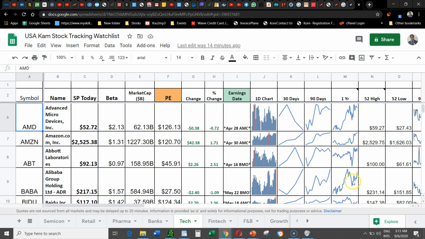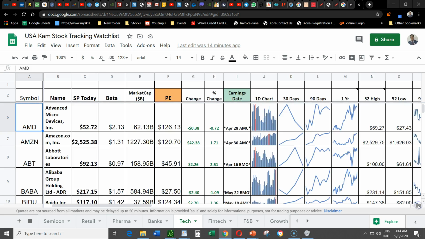It had a fall and then it's on its way up. In the last 90 days it has been up, and 30 days is fantastic, right? Whereas Abbott is falling in last 30 days. So these very quickly, along with the 52-week high and low, tell you whether now is the right time to buy or work on this stock.